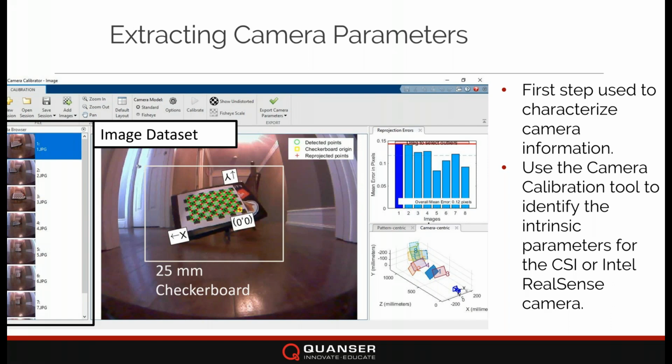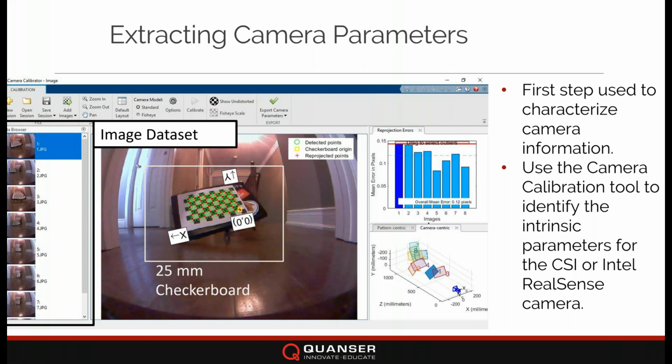The idea here is I take a checkerboard, and I know the size of each of the squares. Through some interesting math that happens in the background, I can figure out important parameters about my camera, which allow me to get distances from images, or, in the next example we'll see, transform an image to a different perspective.